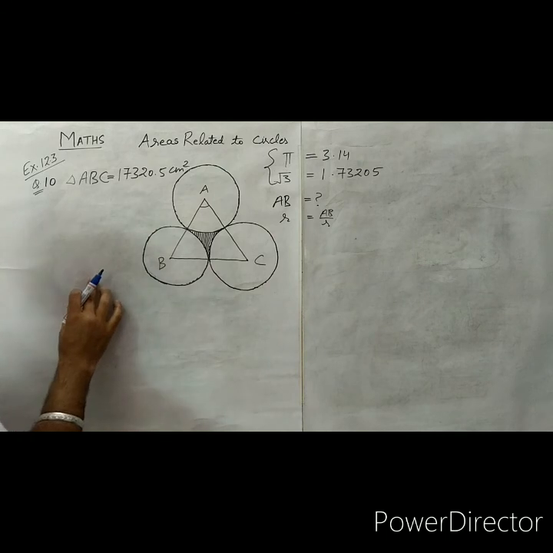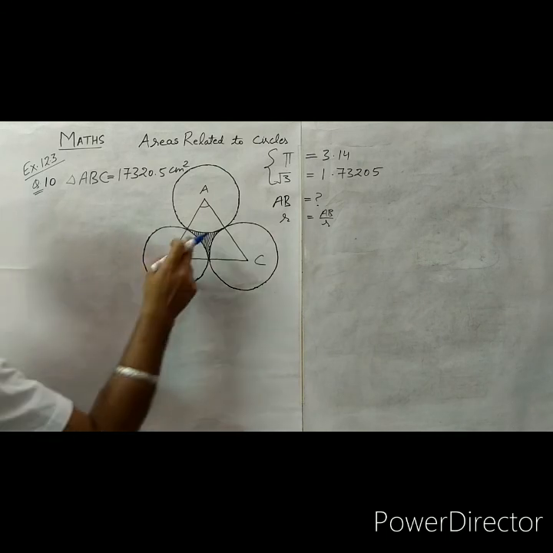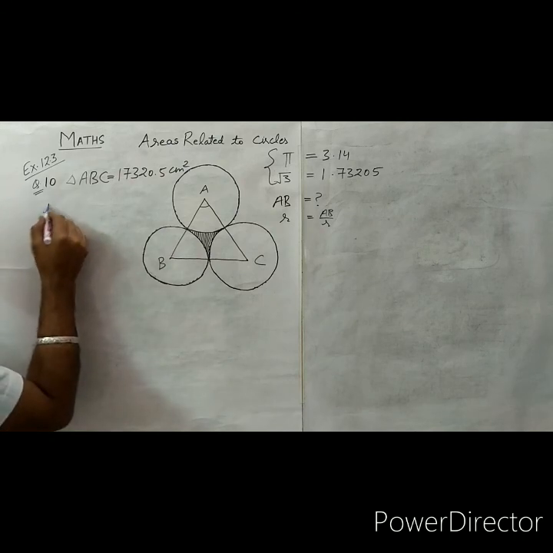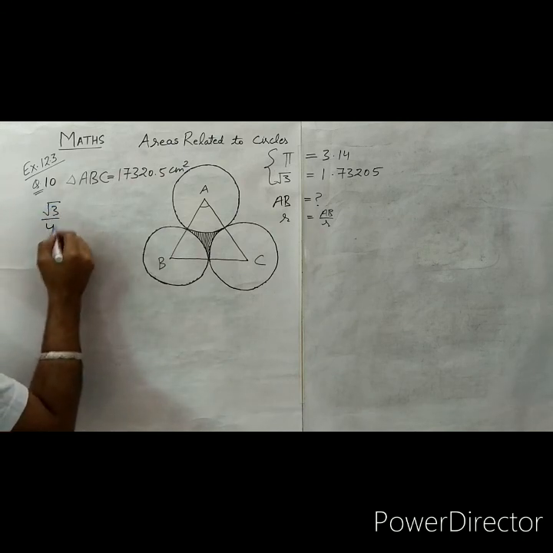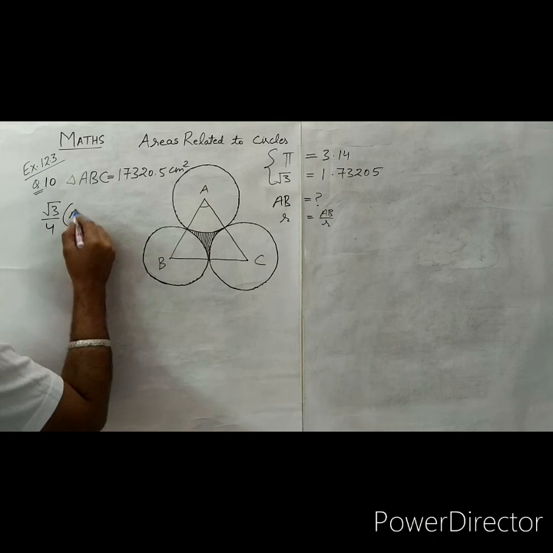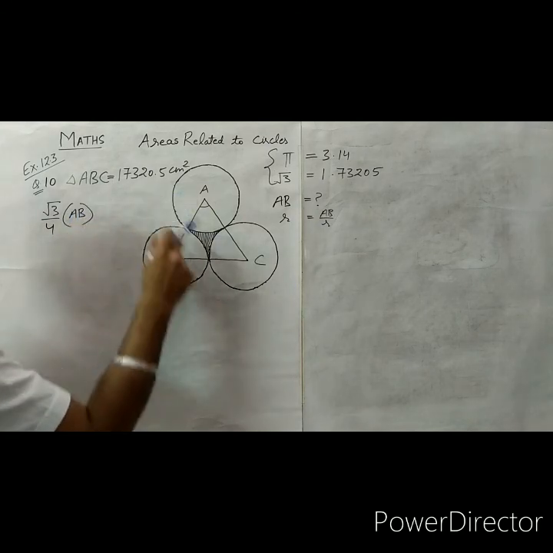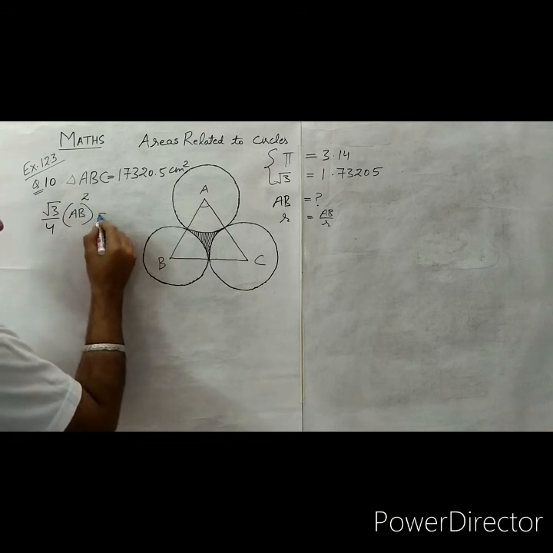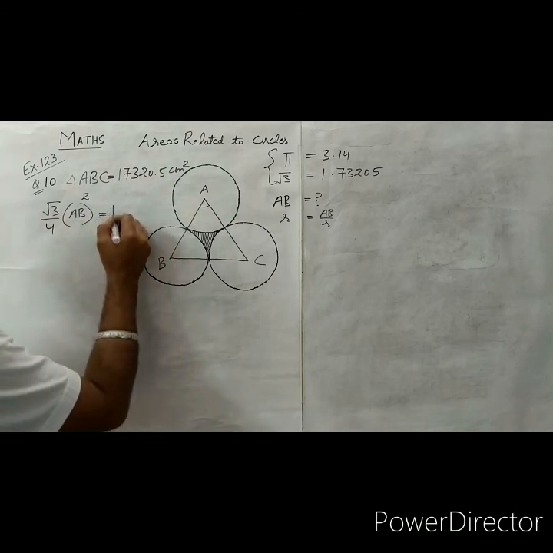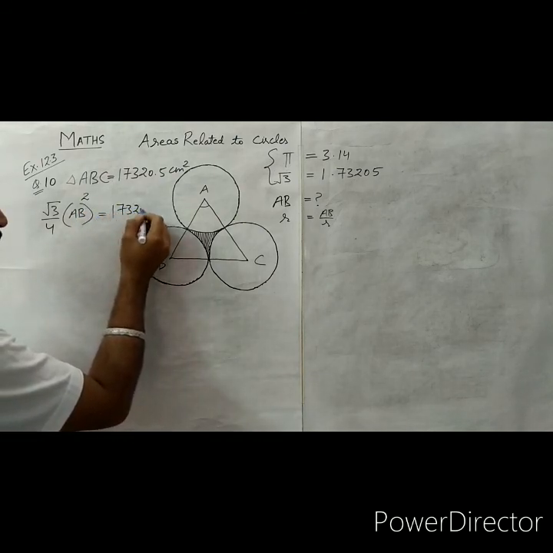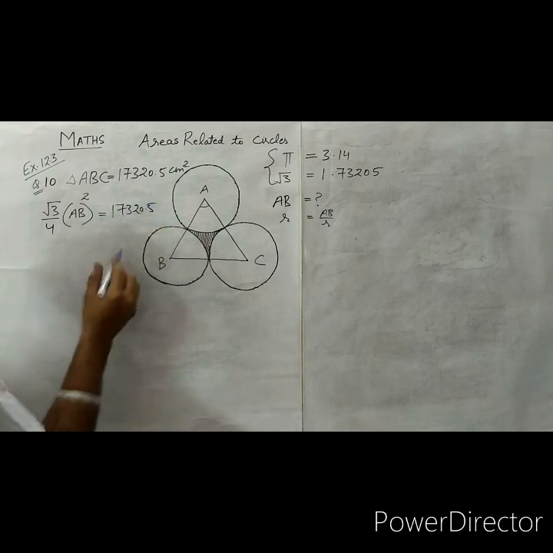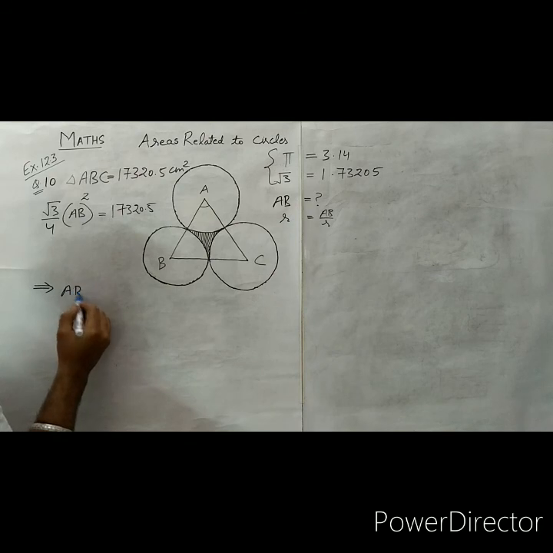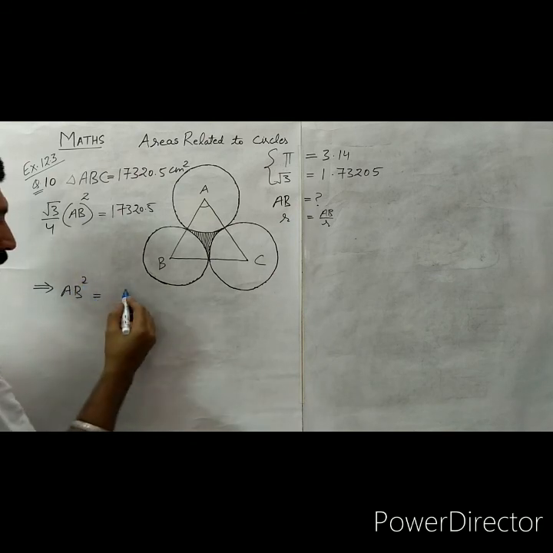So first step: the area of the equilateral triangle is under root 3 upon 4 times side square. Let AB be the side, AB equal to BC equal to AC, whole square is equal to 17320.5.